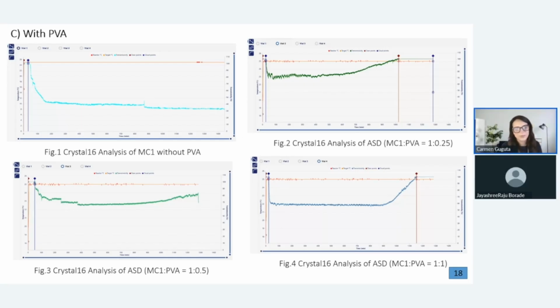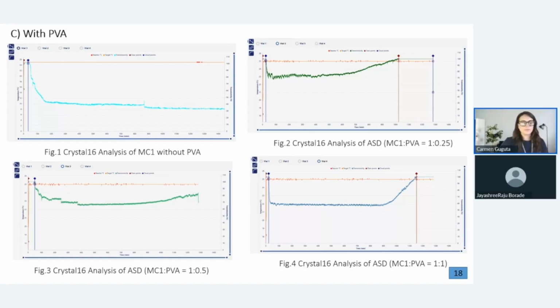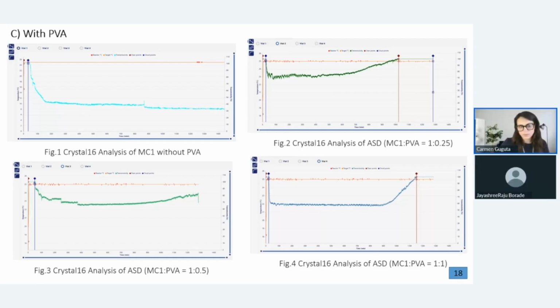So the answer is that while we started by striving to use the maximum daily dose and normalize it to the experimental concentration, it was so dilute that the result was not coming. So we had to optimize the concentration to see the effect of the polymer concentration on the LOC.